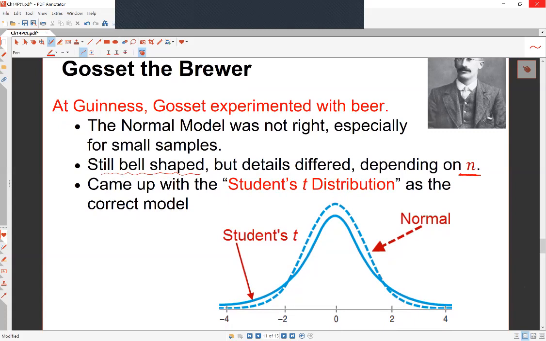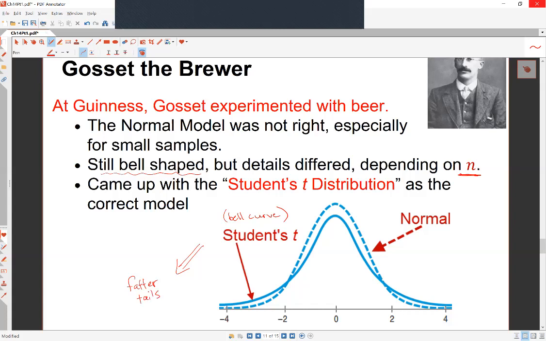And so he came up with what today is known as student's t-distribution. Now, student's t-distribution is a different bell curve than the normal distribution. If you look at this graph comparing the two, what you'll see is that the t-distribution has what I'll call fatter tails.